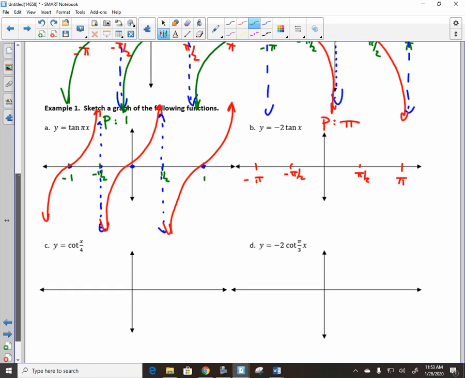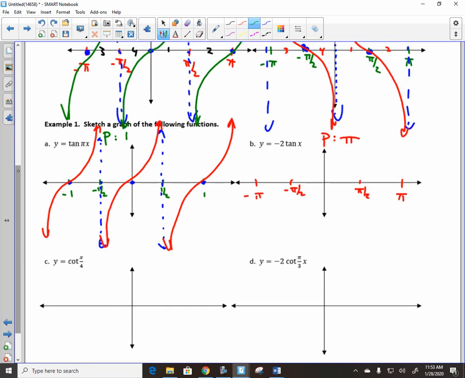Okay. All right. So is tangent equal to 0 at the period, or is it undefined at the period? 0 at the period. So every pi units, I put a 0 in place. So I put a dot, that's where it crosses through. What do I do halfway in between?